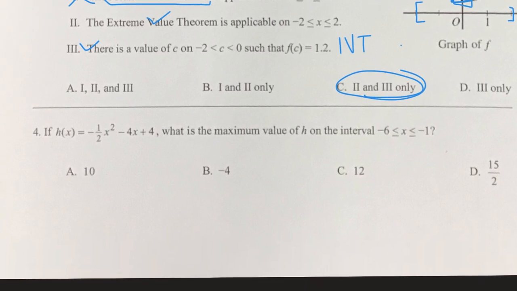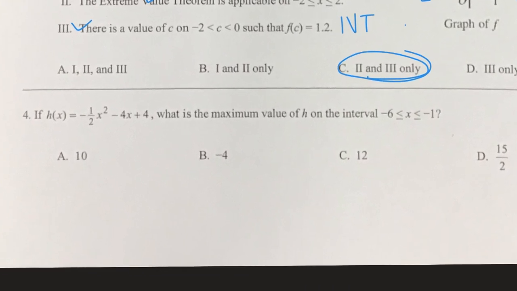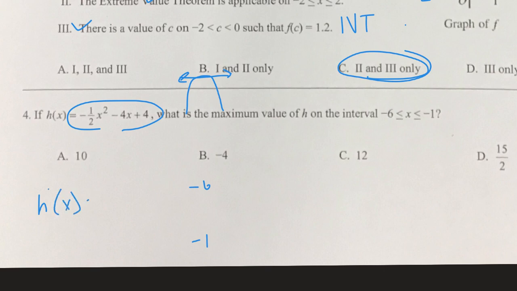Number 4. Here we have a nice quadratic. What's the maximum value on the interval from -6 to -1? We have to try our endpoints, and we also have to figure out where this has a maximum. So let's take the derivative, h prime, and see where that is 0.